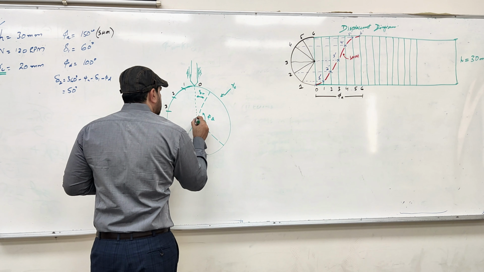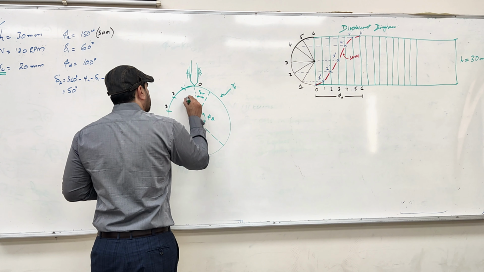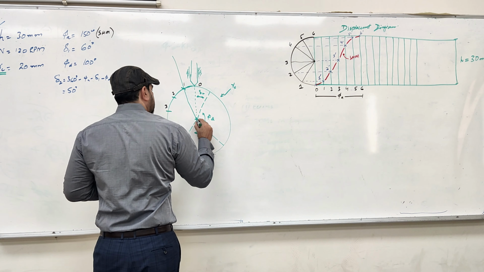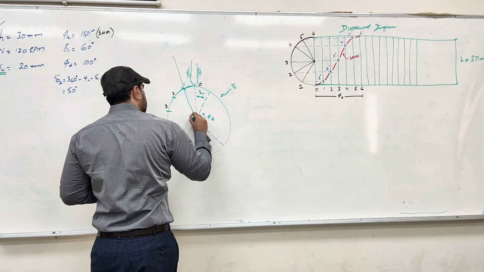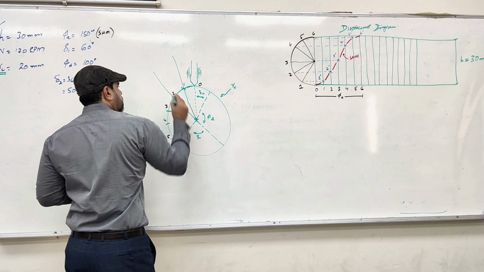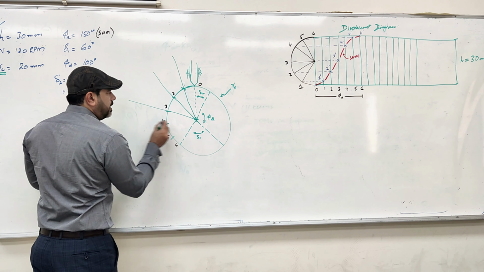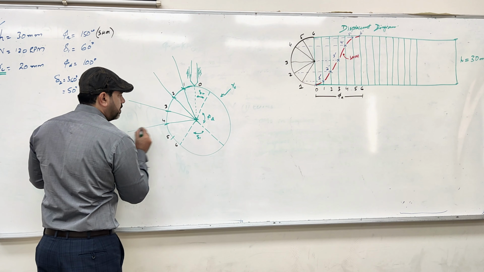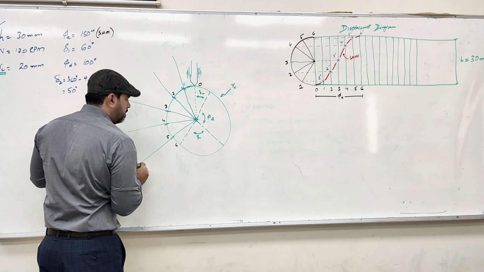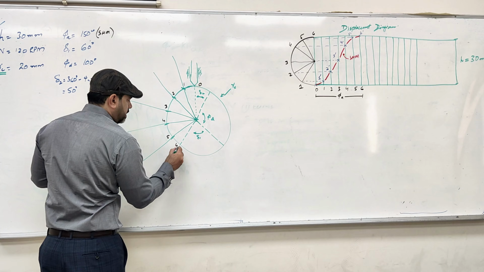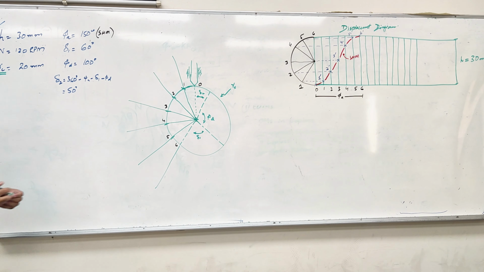All we need to do is join the center, passing through point 1, then starting from the center, passing through point 2, passing through the center, 3, 4, 5, and 6. Okay?